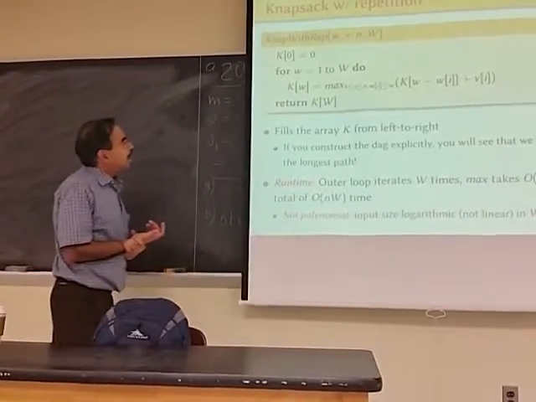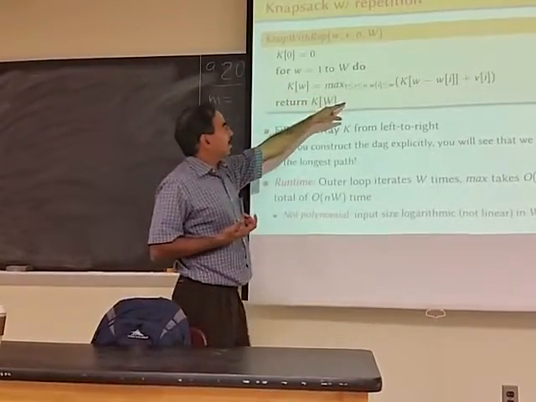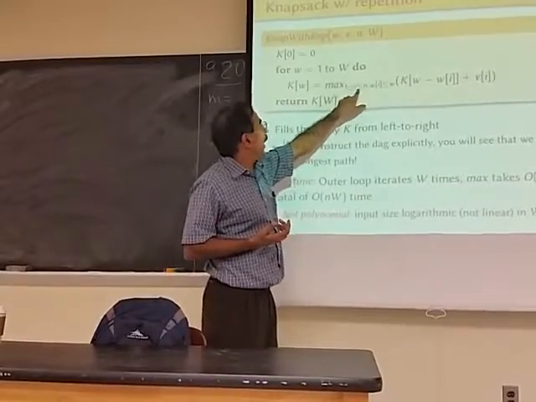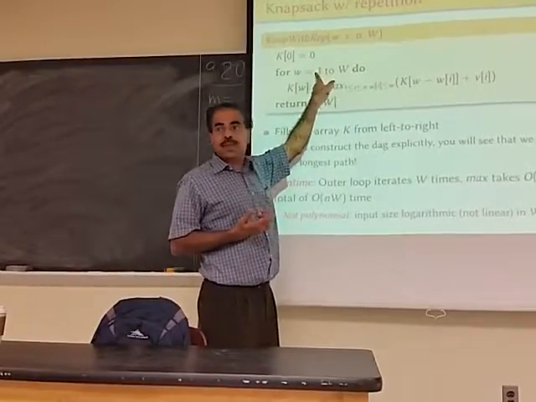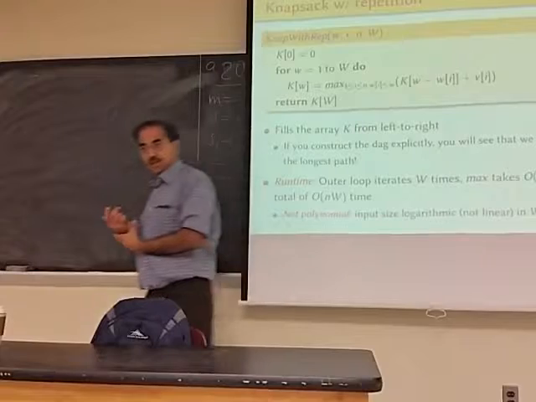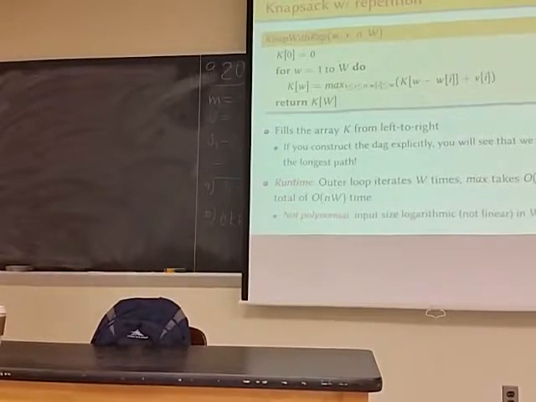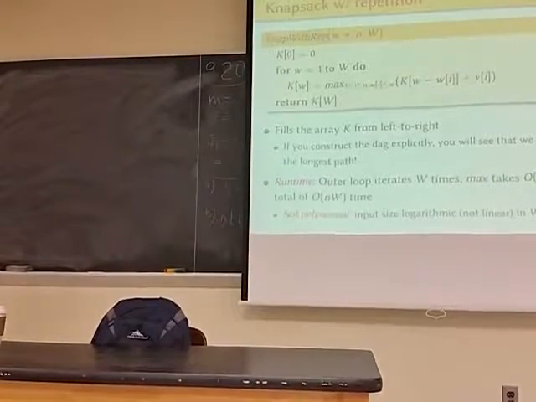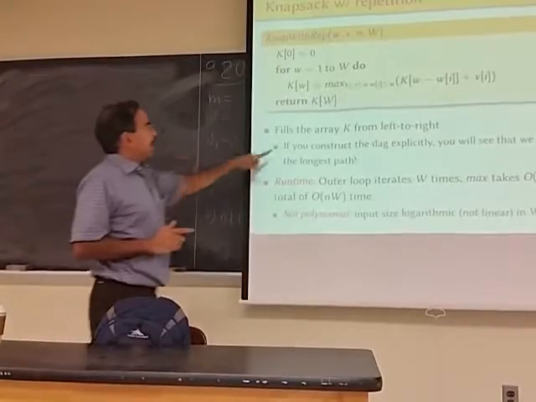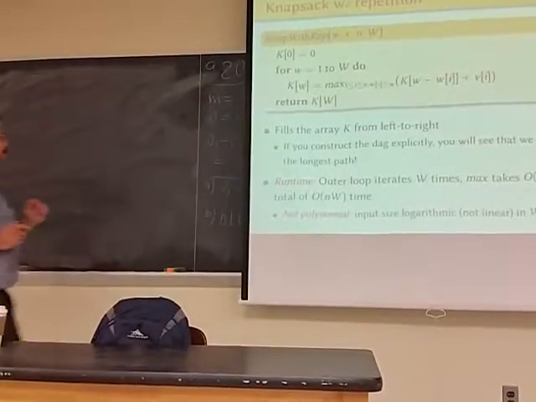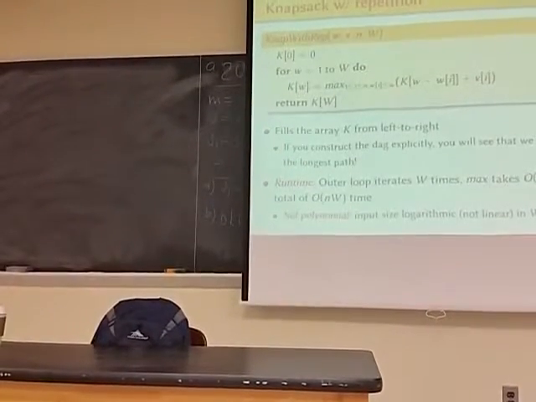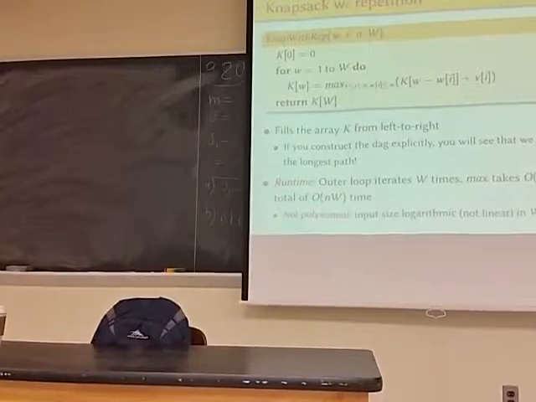You have a doubly nested loop. The inner loop goes through n, the outer loop goes through W. So obviously, its complexity is nW. It is filling out the array left to right, or the way we have drawn it here, bottom to top.